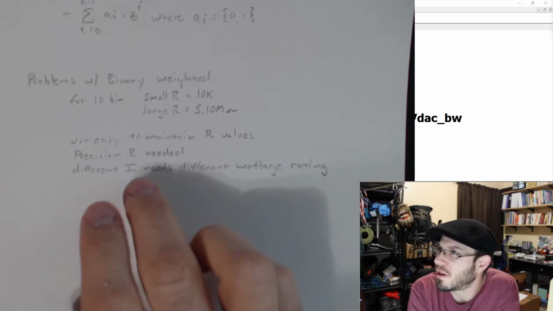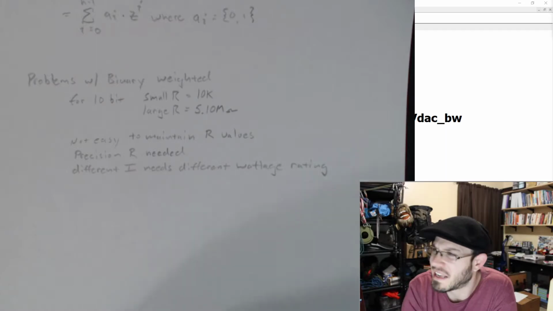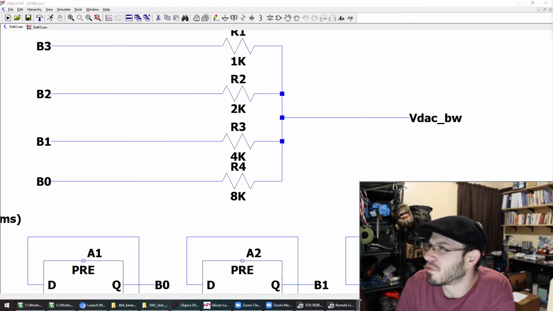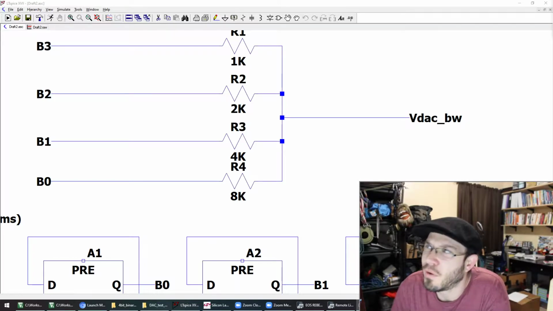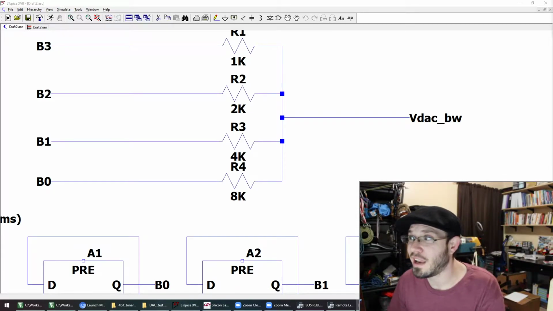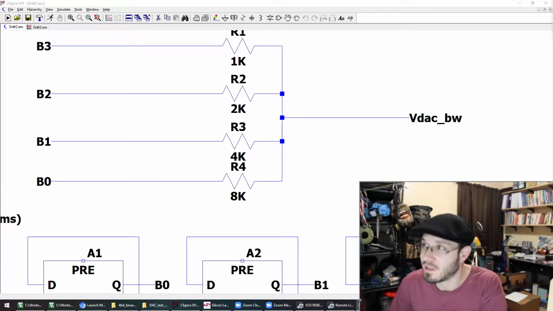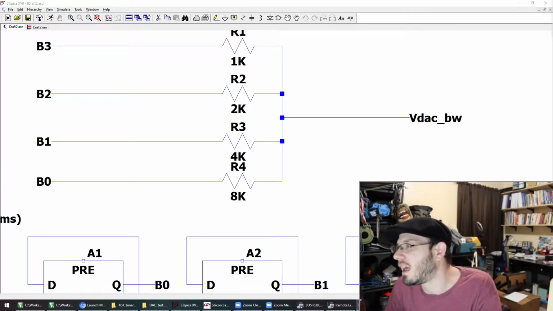And then there's this other one. Different currents need different wattage ratings. Yeah, if you think about it over here, R1 has more current going through it than R4 does, right? It's a smaller resistance. Resistance and current are inversely proportional. If I keep the voltage the same, just look at Ohm's law.